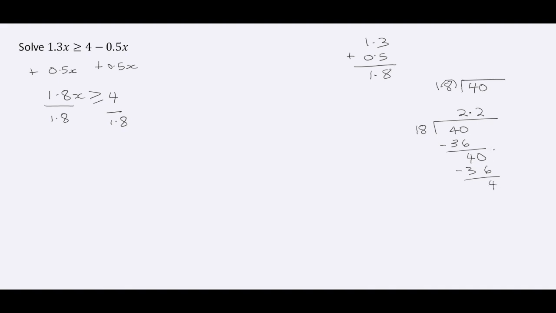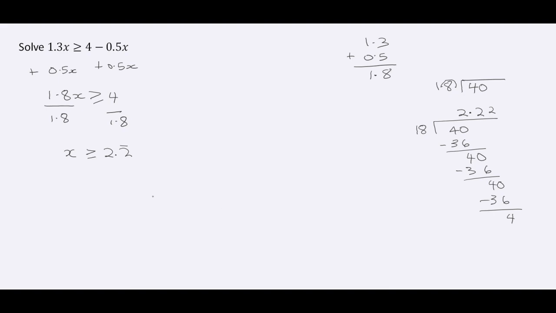Subtract again, we have 4. Put a 0, we have a 2 again, and this is going to be 36. Subtract again, we have a 4. So this is a repeating decimal. So we can say x is greater than or equal to 2.2, and then repeating.